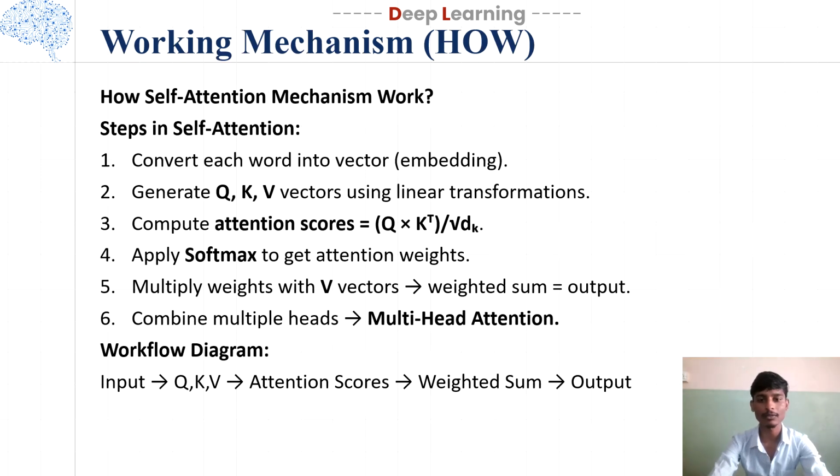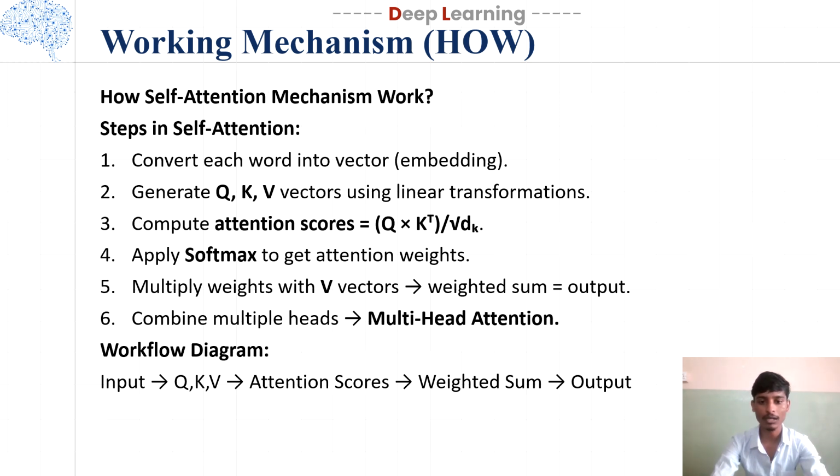Now let's understand how the self-attention mechanism actually works. The process includes a few main steps. Each input word is first converted into an embedding vector. From each input, three vectors are generated. Query is denoted as capital Q, key is denoted as K, and value is denoted as V. The attention score is computed by taking the dot product of query and key, then dividing by the square root of their dimensions.